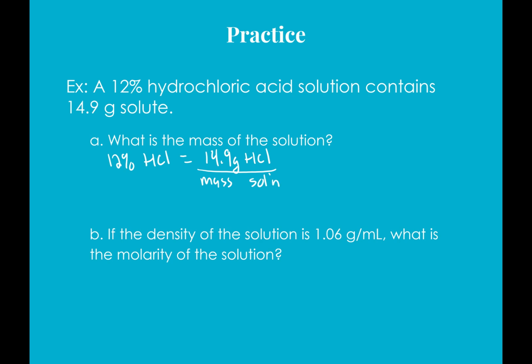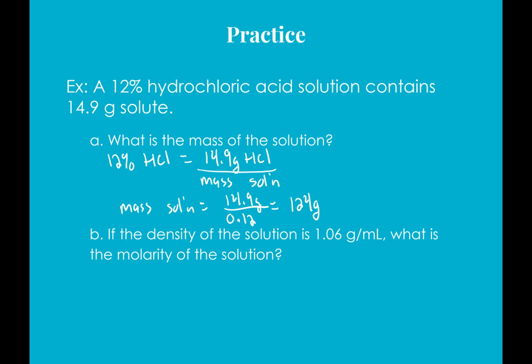So, just rearranging, we get that the mass of our solution is just going to be the mass of the solute, 14.9 grams, divided by our 12%. And we see that our mass of solution is 124 grams.